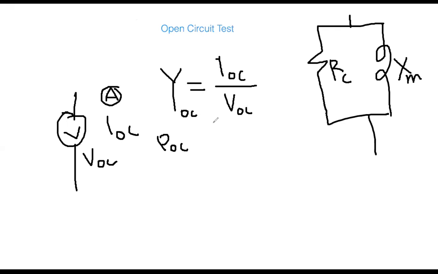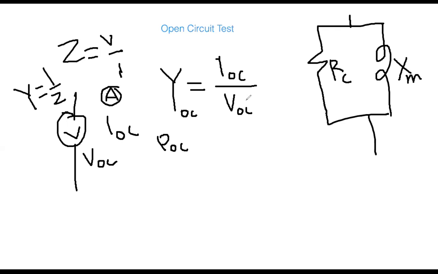Could you remember, everybody? Y is the admittance, not the impedance. So admittance is current over voltage, not voltage over current. When it is impedance, that is V over I. But once it is admittance, Y, it is the reciprocal, Y equal to 1 over Z. I think now you can remember. Y is the admittance, which is IOC over VOC.